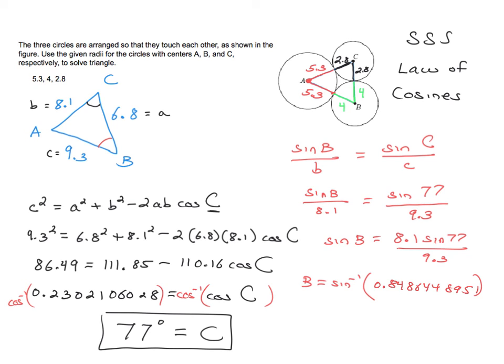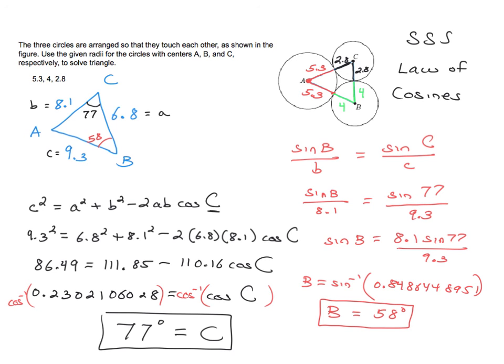If I put this in sine inverse, I get that B is equal to 58 degrees if I round to the nearest degree. So that is this here. That's 58. This was 77.